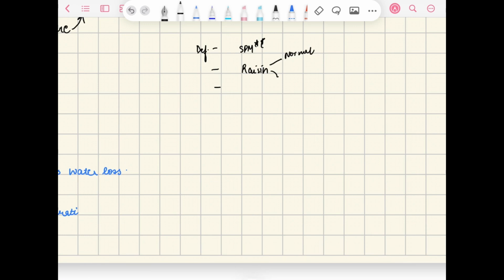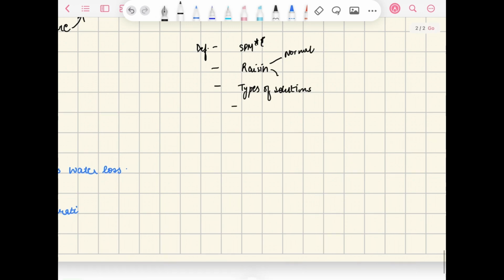After that, we studied about the types of solutions and also some terms you have to remember. Those terms are very, very important, right? After that, we studied the difference between osmosis and diffusion.